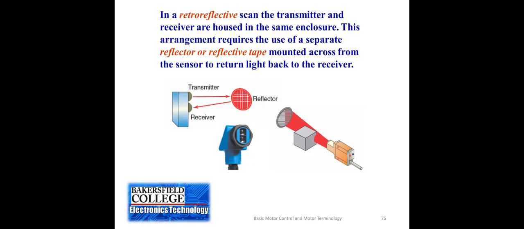Both the transmitter, the light source, and the receiver are in the same enclosure, in the same module. The light comes out of the transmitter and hits a reflector or a piece of reflective tape and bounces back to the receiver. So when an object comes across that beam and breaks the beam, then the switch inside of it will close or open, showing that it detects an object there.